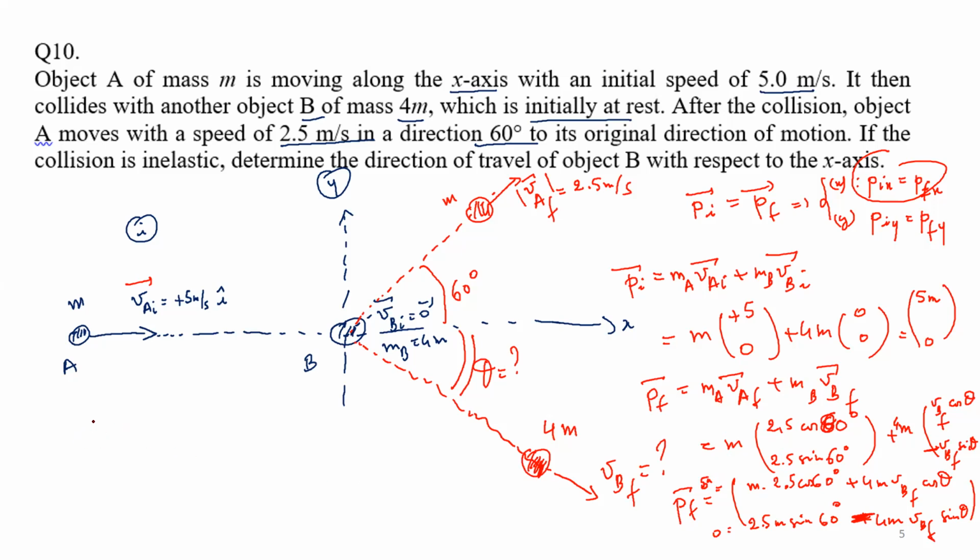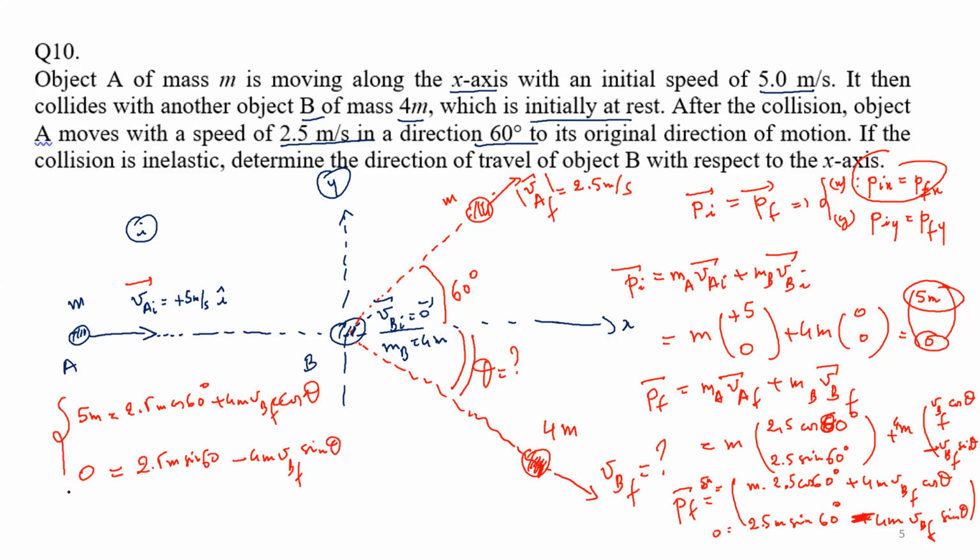So I will have two equations. The first equation is 5M, basically PIX, is equal to 2.5 M cosine 60 plus 4M VB final cosine theta. And the second equation will be 0 is equal to 2.5 M sine 60 minus 4M VB final sine theta.